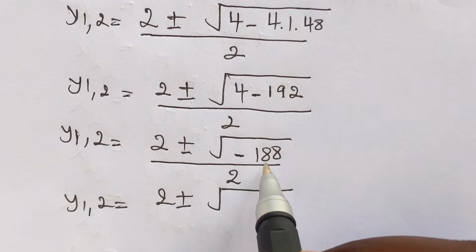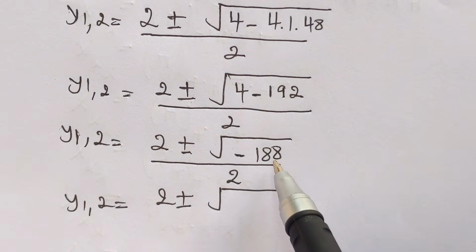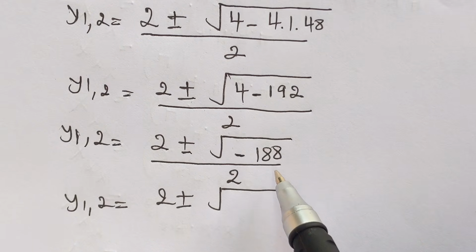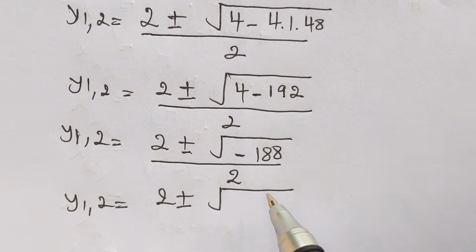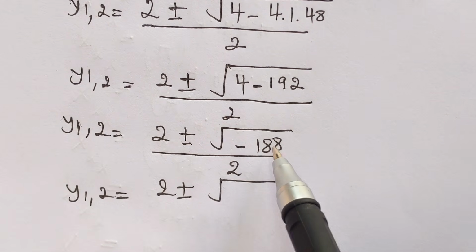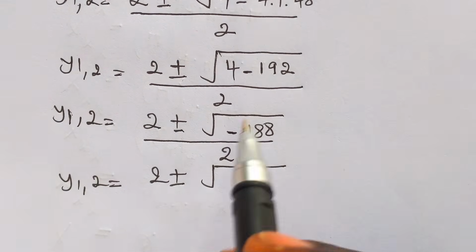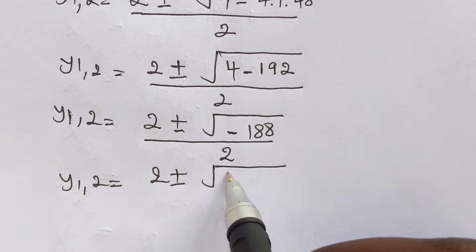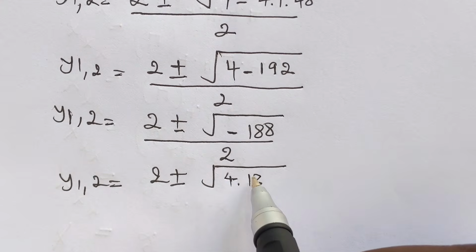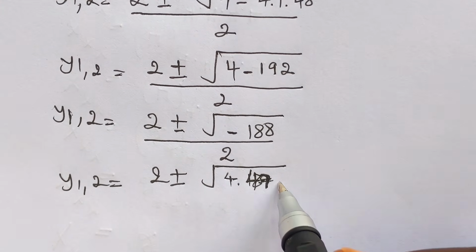This 188 can be written as, of course, you have to find two numbers. Here 188 can be written as 4 times 47 times -1.